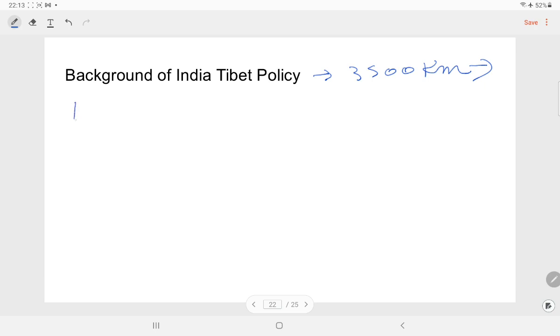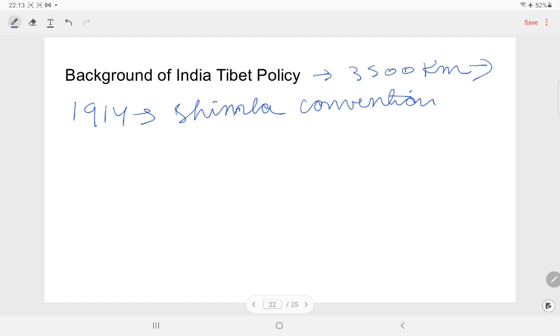In 1914, the Tibetan representative along with China signed the Simla Convention with British India to define the boundaries. China did a full accession in 1950, and China repudiated the convention as well as the McMahon line, which is the line between India and Tibet.